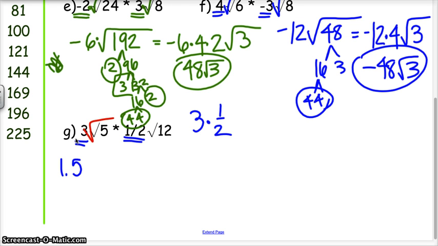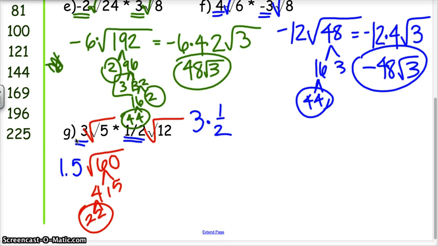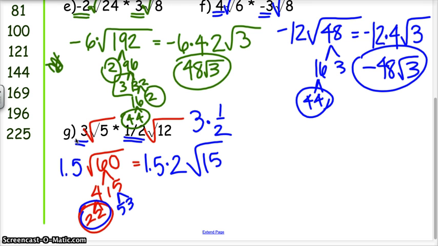The square root of 5 times the square root of 12 is the square root of 60. 60 is 4 and 15. 4 breaks down into 2 and 2. So that 1.5 is going to be joined by the pair of 2s. 15 doesn't break down into 2 pairs, so it stays as it is. 1.5 times 2 is 3.